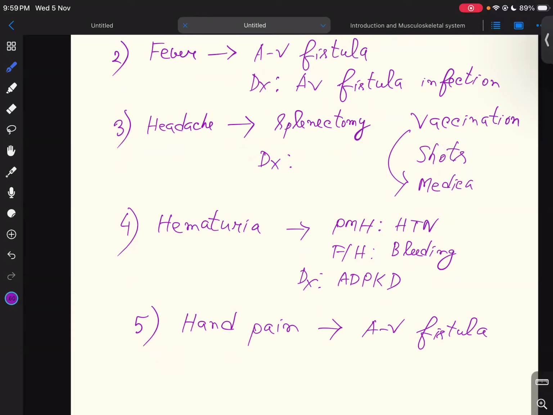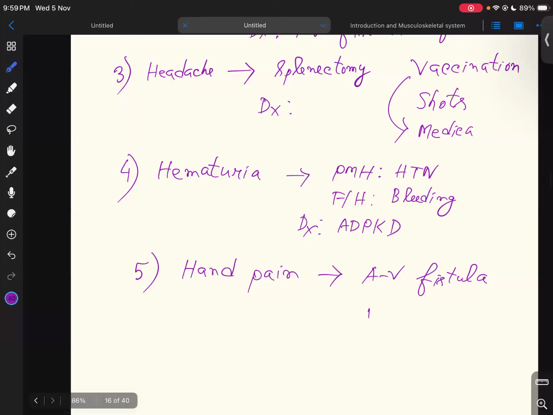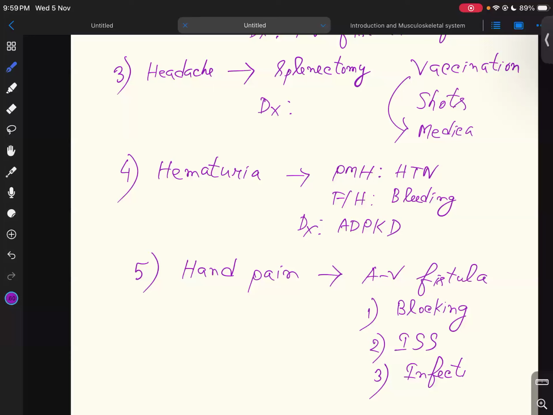Epiphyseal infection, yeah, there can be many causes, like arthritis, some embolization from the fistula, blocked fistula, ischemic steal syndrome, or infection. So this is a very useful trick for the PACES exam: go to the past medical history, drug history, and family history as soon as possible.